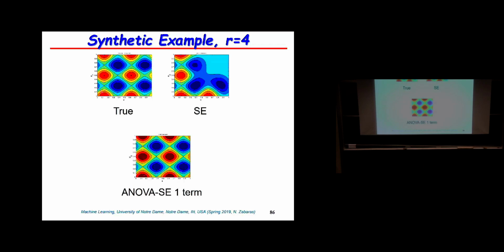But somehow you can think, maybe you start with an ANOVA expansion, and maybe you don't have to include all the terms. Maybe you include one-body terms and two-body terms, and maybe in high dimensions not all of these terms, because maybe you can do relevance determination and decide which of these terms are needed and which are not.